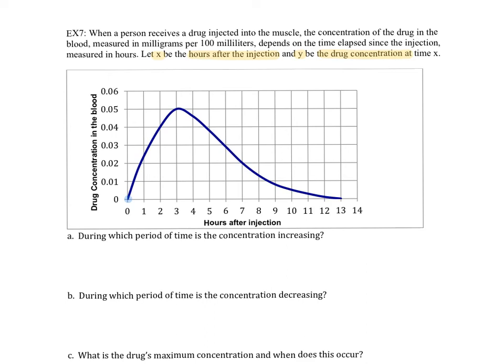Part A says, during which period of time is the concentration increasing? So the concentration is increasing, and maybe I'll highlight this, if the graph is going up. If a graph is going up, that's where the Y value is getting larger and larger, and the Y value is your drug concentration.